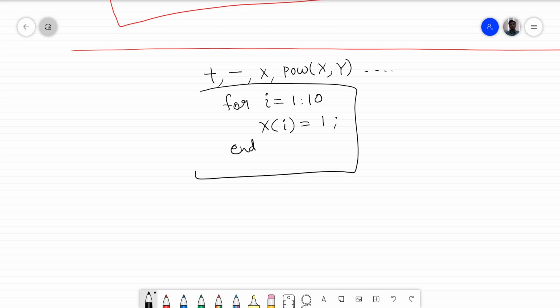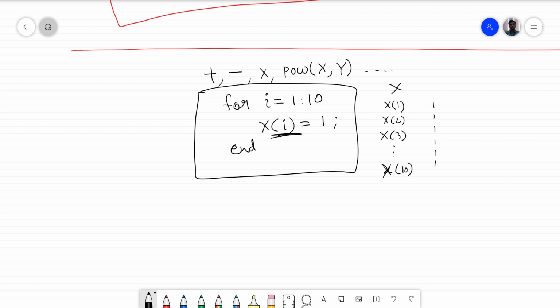What this set of lines means is that x is an array and the ith element of that array will be equal to 1. So an array named x will be created in MATLAB. x1, x2, x3 and so on up to x10, and the values will be 1 1 1, all of them will be 1.